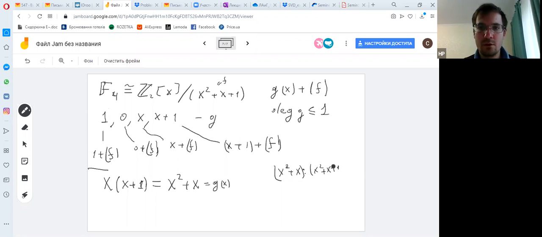Of course, in Z2, the remainder equals 1 because this equals this plus 1. So we have that x multiplied by x plus 1 equals x squared plus x, but it is equal to 1.